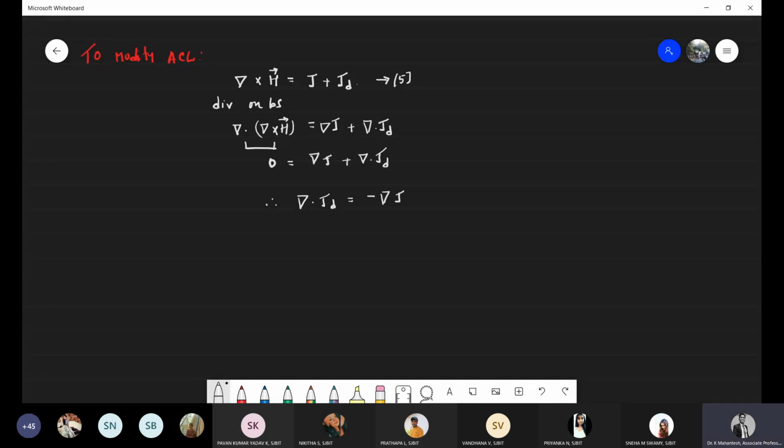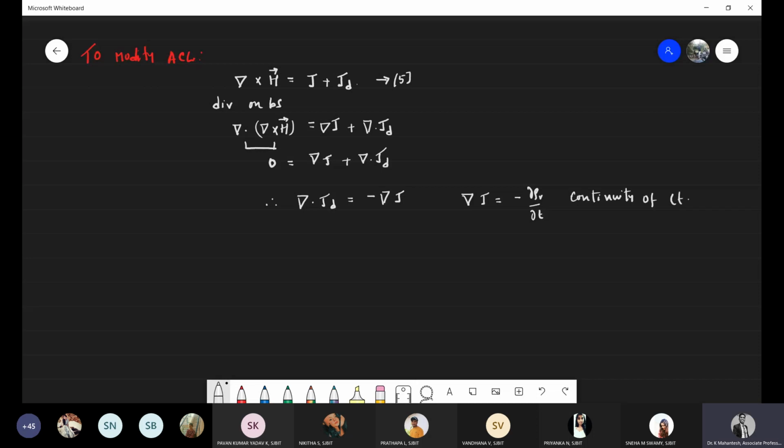But what is del dot J? Del dot J is equal to minus d rho v by dt. This is due to continuity of current.